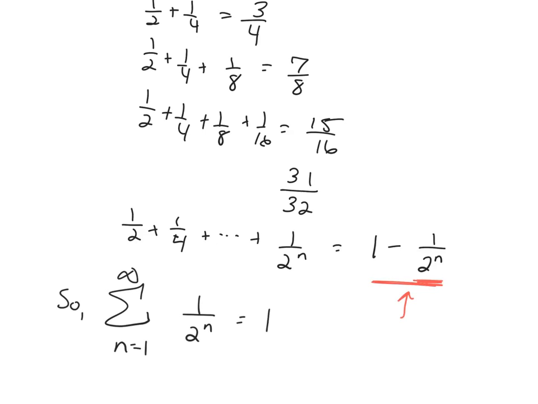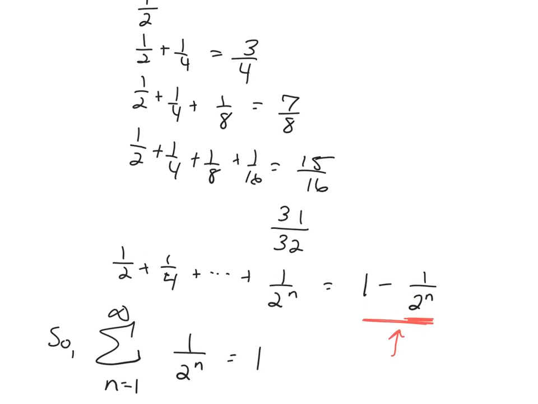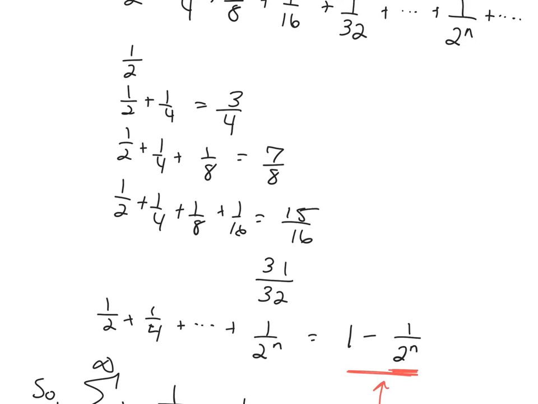Okay? Any questions so far? Yeah. Where did the 1 minus come from? Where it came from was, I noticed in all of my fractions, the denominator is 2 to a power, right? 1/2, 3/4, 7/8, 15 over 16. So the denominator is 2 to the n.